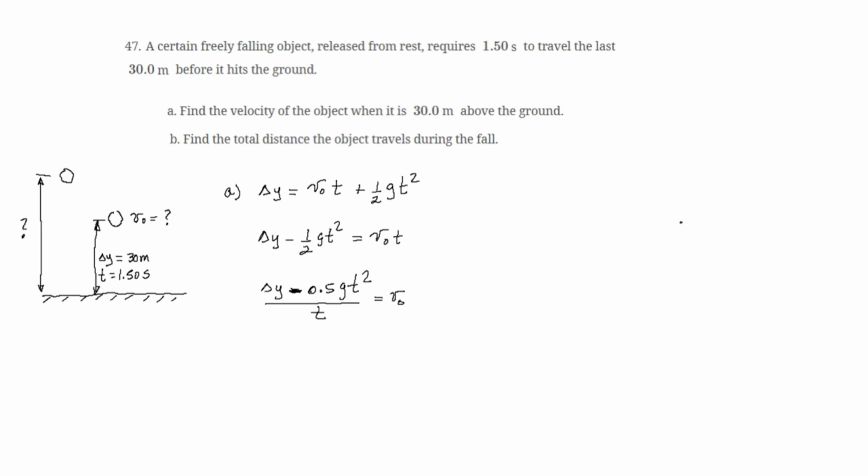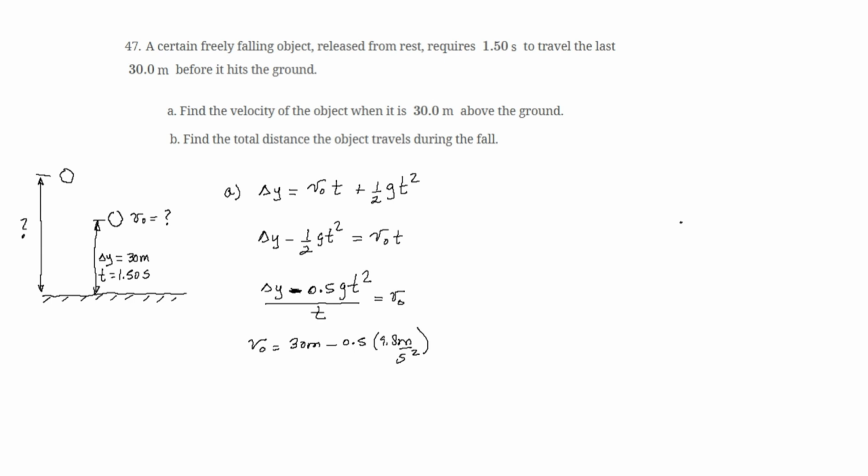I can now substitute, and I get that v sub 0 is equal to delta y, 30 meters, minus 0.5 times g, that is 9.8 meters per second squared, acceleration of gravity, times the square of the time that it takes the object to go from 30 meters above the ground to the ground, 1.50 seconds.